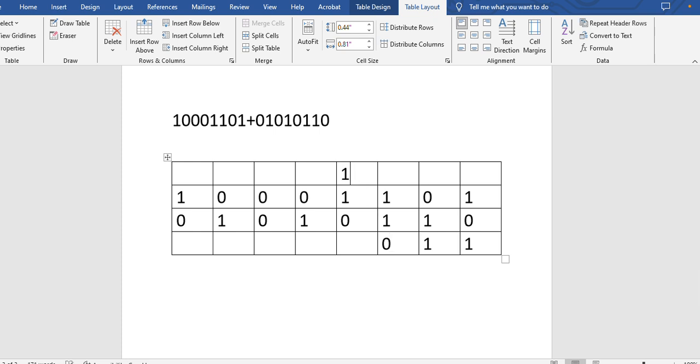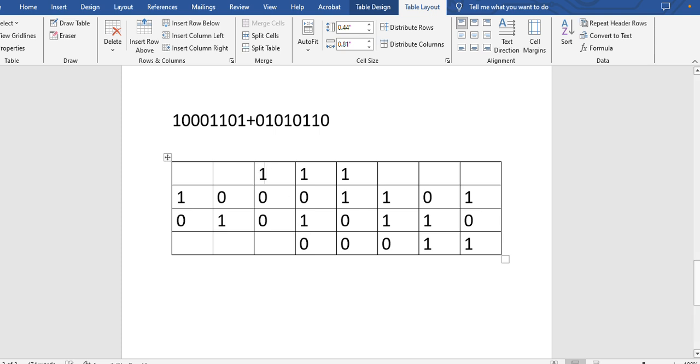So you start with 1 plus 0, you get 1. There is no carry bit there. 0 plus 1, you get 1. 1 plus 1, you get 0 carry 1. Are we together? Yes.